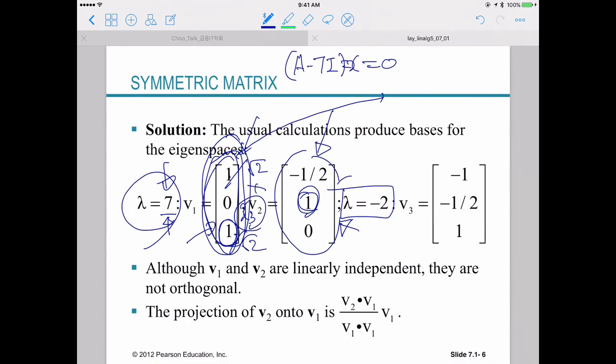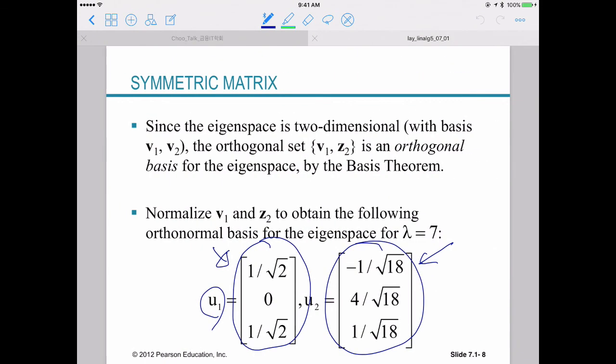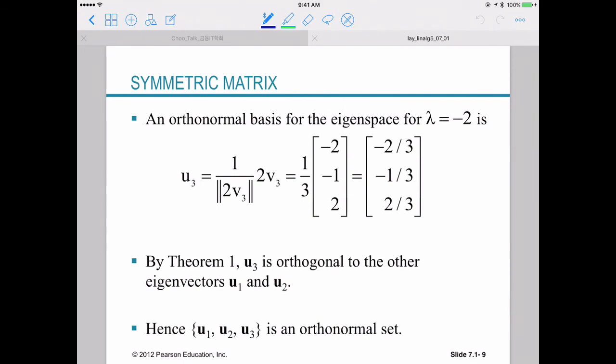For that one, after solving this homogeneous linear system, this is the basis vector after we obtain the solution in parametric vector form. Then we can simply normalize it, so that we obtain this vector.